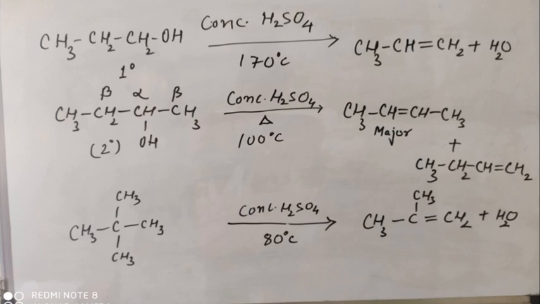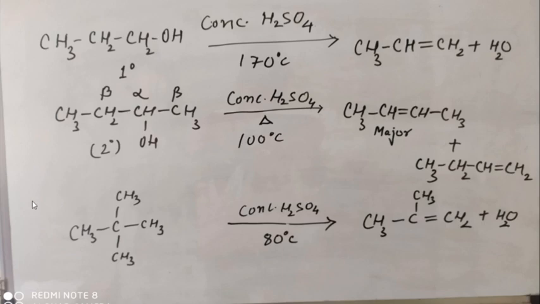So as we move from primary towards secondary towards tertiary alcohol, there is more ease of reaction. Primary alcohol is carried out at 170 degrees, so we need to supply some heat or energy to remove the water molecule. Secondary alcohol is more reactive than primary, so the reaction temperature decreases to 100 degrees Celsius, and elimination according to the Saytzeff rule gives this product.